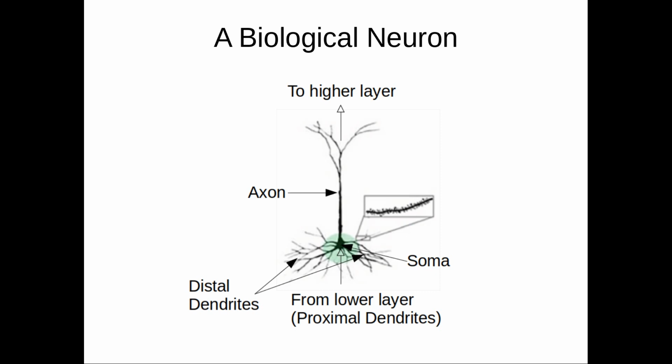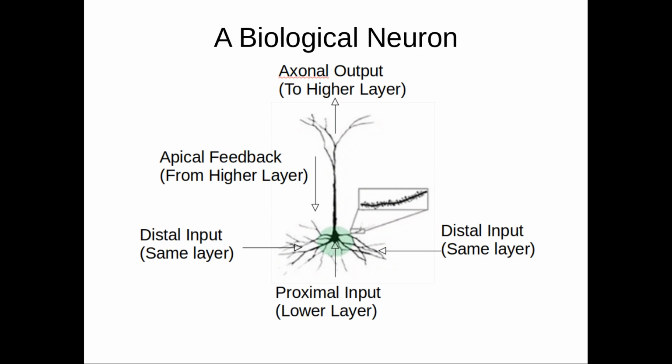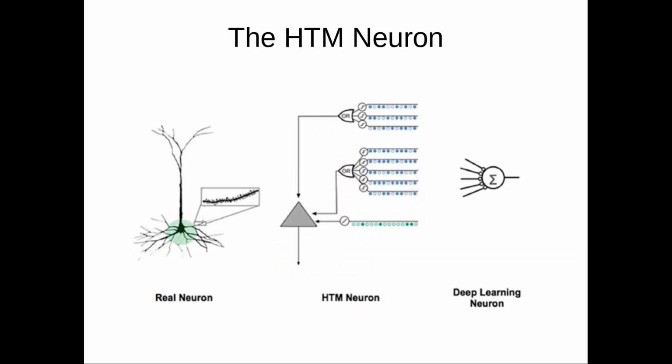And also there are these root-like structures called distal dendrites, which connect within the same layer. So to visualize the information flow here, we have this proximal input, which comes from the lower layer, arriving at the soma, which then causes a signal that can then move upwards along the axon towards a higher layer. Now, the proximal input is the part that actually causes a signal to be created.